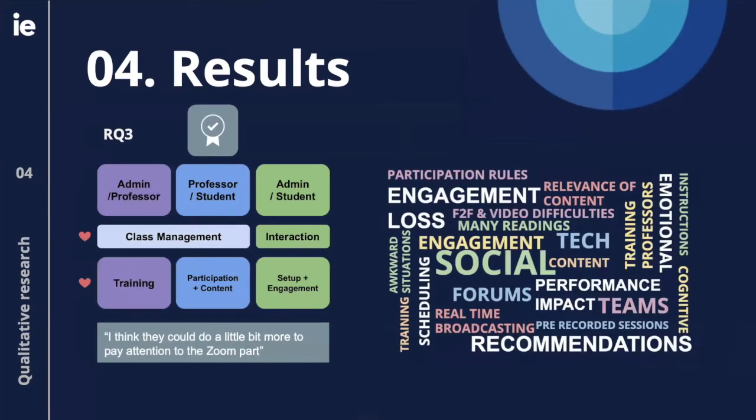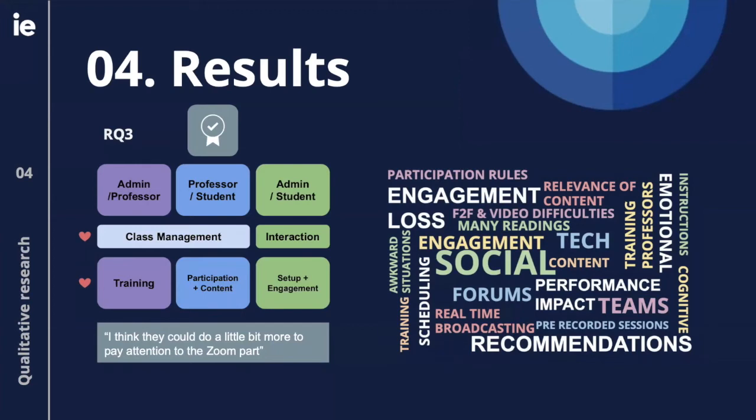The third question, which was about how we could tailor this program so that motivation increases for students, resulted in 3 main themes, all of which focus on different interactions within the program: administration to professors, professors with students, but also students with administration.